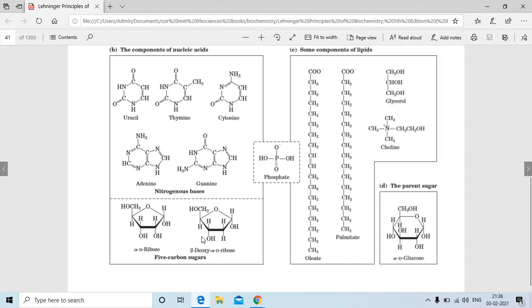So this is the basic difference, and this also we can remember. This is alpha D ribose, and this is 2 deoxy alpha D ribose. In 2 deoxy alpha D ribose, at the second position O is not there. So it is 2 deoxy, meaning at the second position oxygen is lacking.